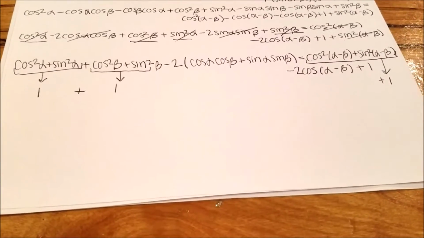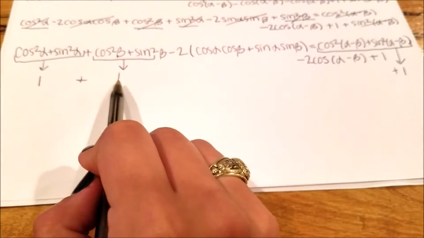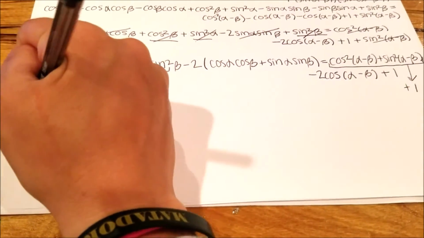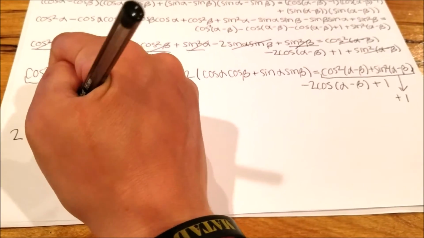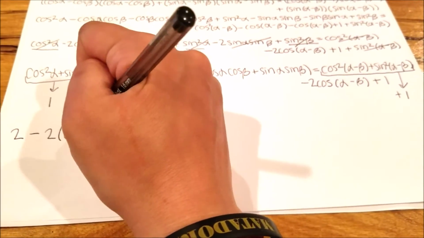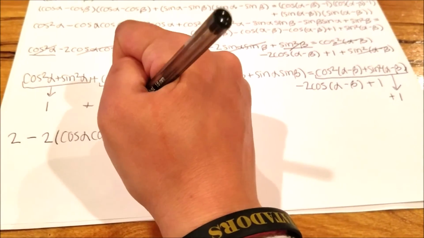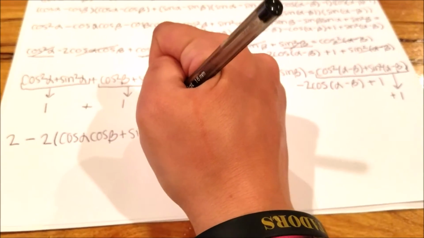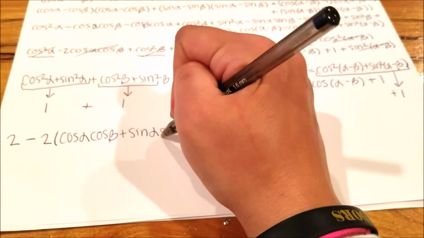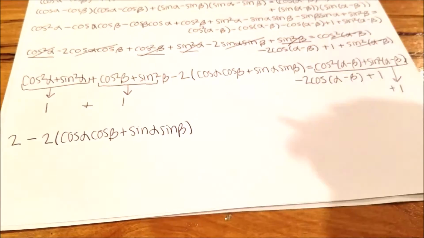So if I am to rewrite my equation, 1 plus 1 gives me 2 minus 2 times cosine alpha cosine beta plus sine alpha sine beta.